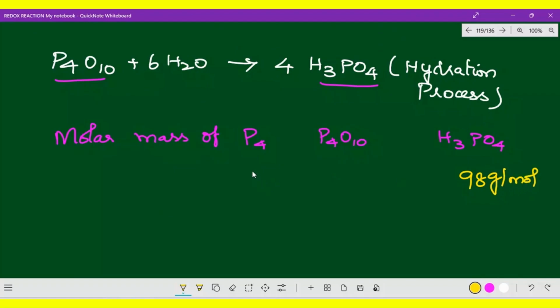P4 molar mass is 124 gram per mole. And P4O10 is 284 gram per mole. Right, now we found the molar mass.